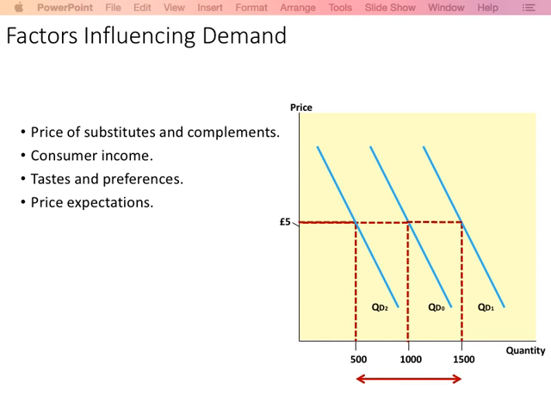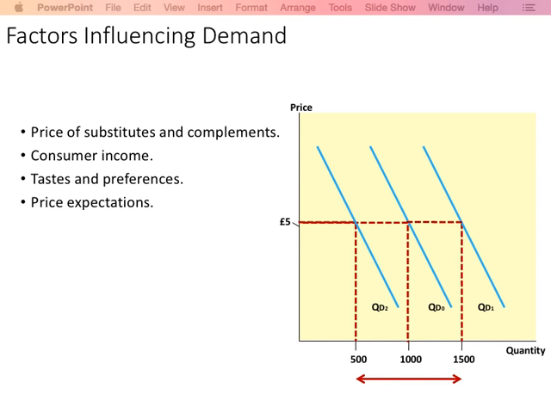Five years ago, certain clothes were not selling at all, despite all the advertising and fashion shows, and these clothes were not being worn. Five years ago I didn't see them, and now I see them. So the demand for these goods, for the same price, has shifted over time to the right. We'll come to that in a minute. Price expectations will also affect the demand for the product.